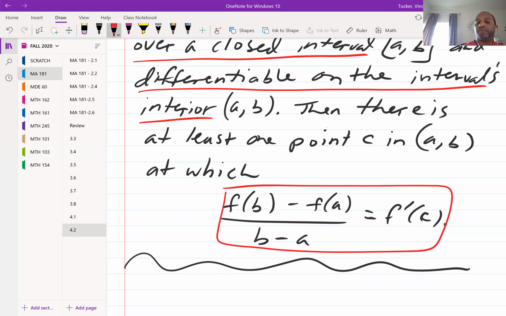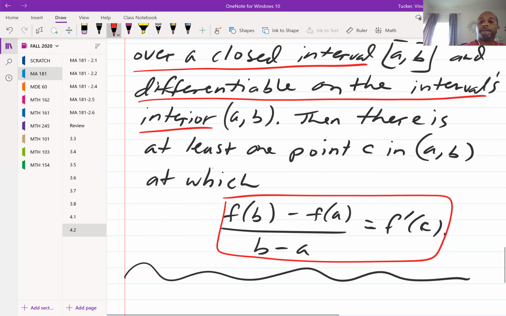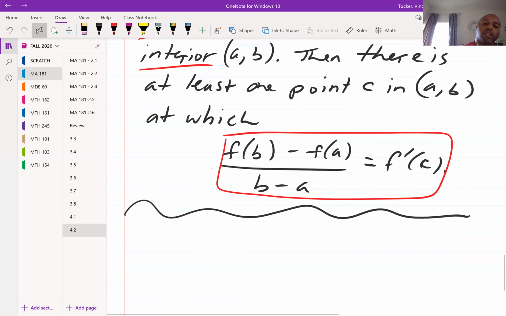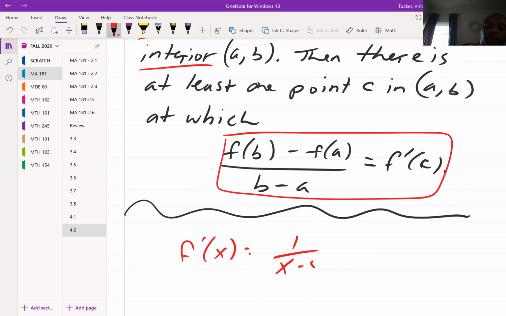What do you mean by differentiable? When you find the derivative of the function, if you plug in a value, let's say, just a loose example, f prime was 1 over x minus 5, but the interval that we're using is 1 to 7.